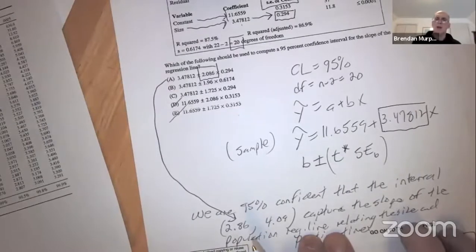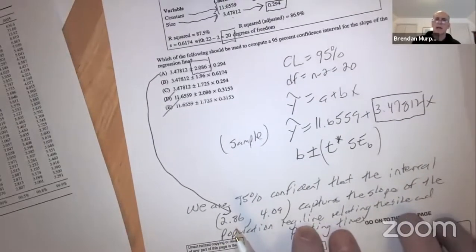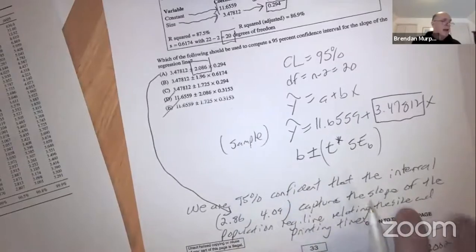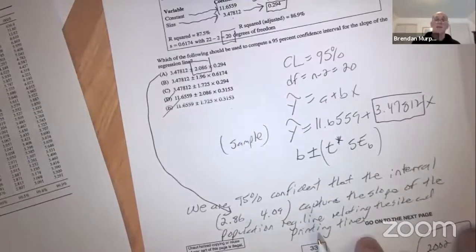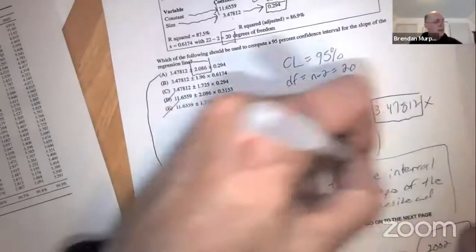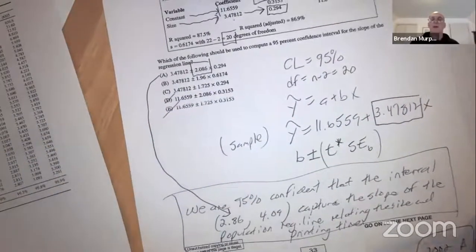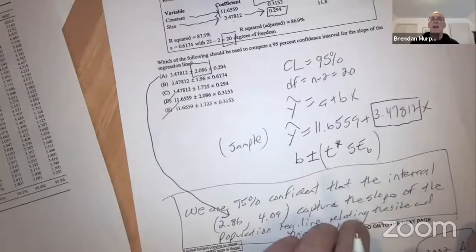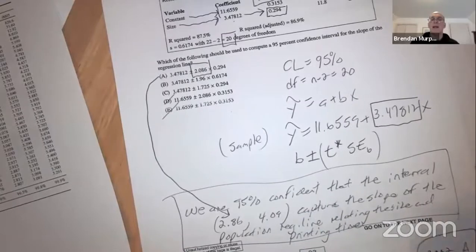Some books call it the true regression line, relating the size of the file to my printing time. So again, that's not needed here, but that's important. And Luke and I, when we do some free responses, will make sure that you're comfortable summarizing your data. What does that tell us?